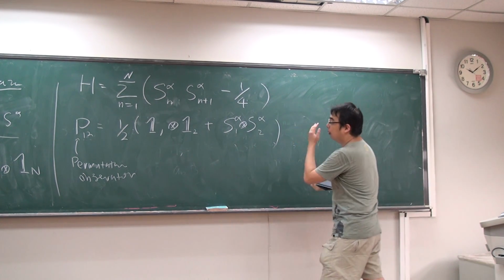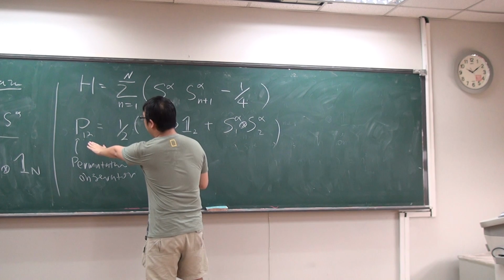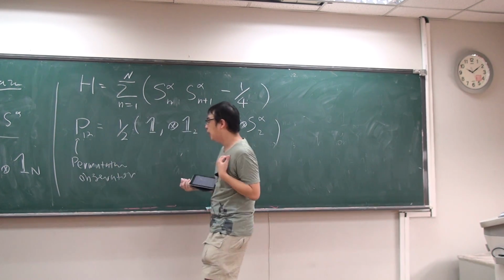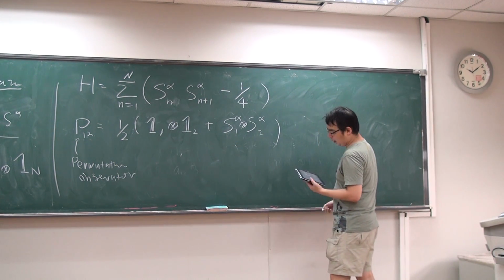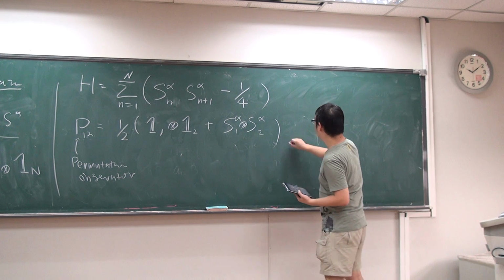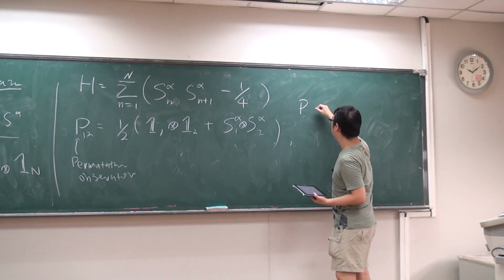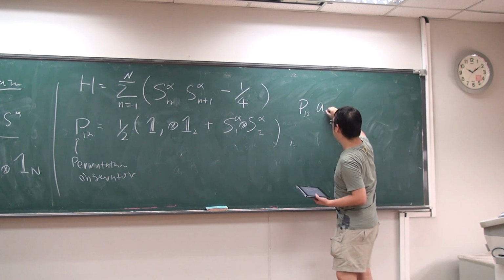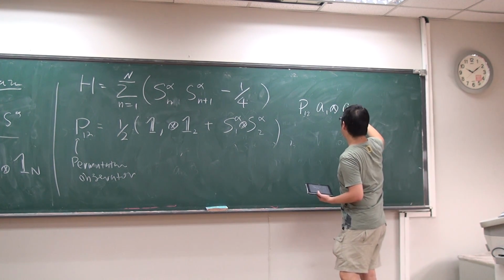If you think about this operator acting on a vector space, which I denoted, for example, P12, and act on A1 tensor product A2.